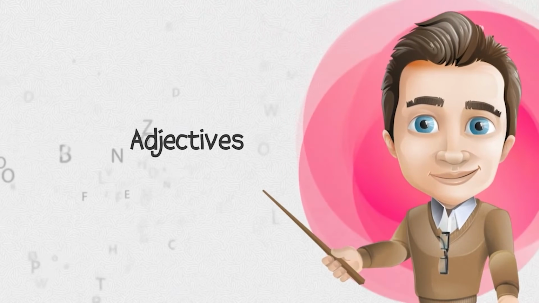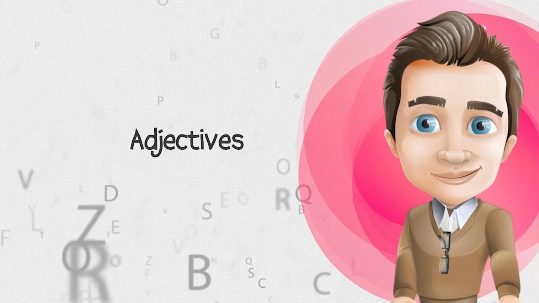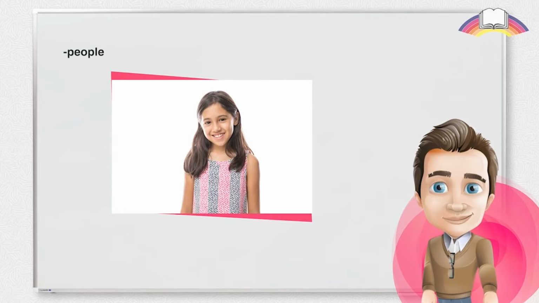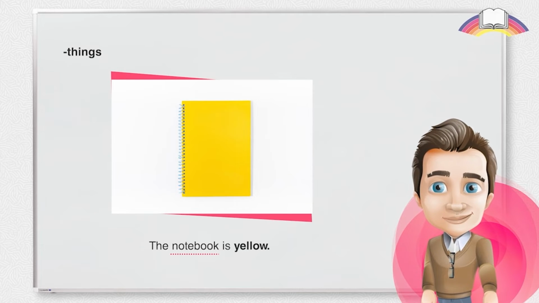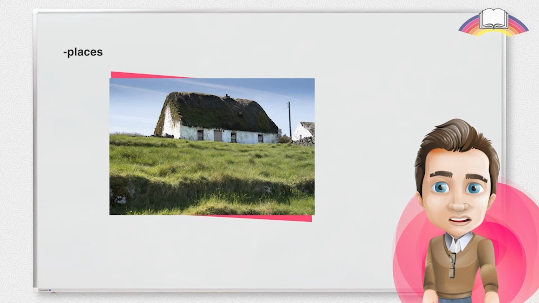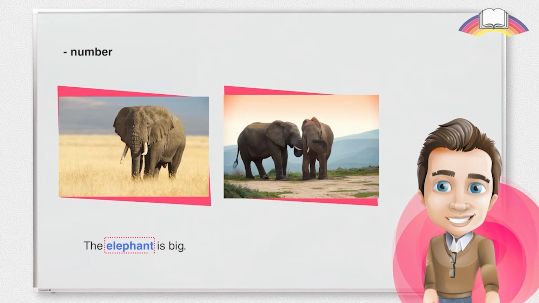Adjectives. Adjectives describe people. The girl is young. Animals. The dog is small. Things. The notebook is yellow. Places. The house is old. Number. The elephant is big.